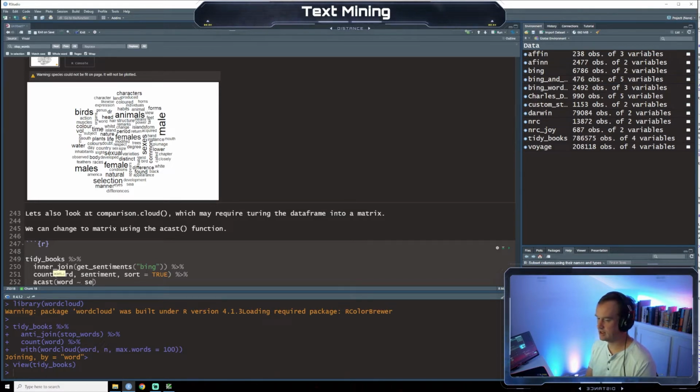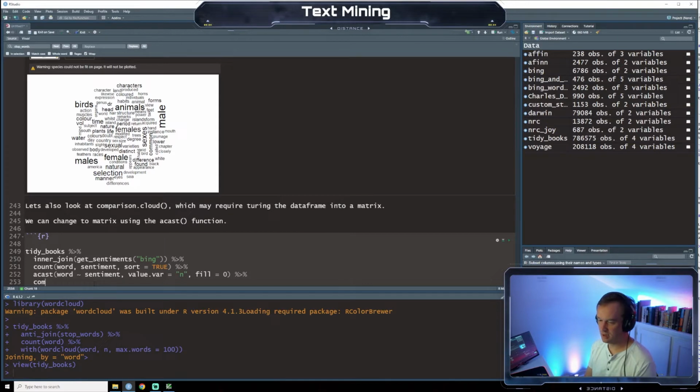So we're going to do word by sentiment, value.var equals n, fill equals 0. So if there's nothing there, put a 0 in there.